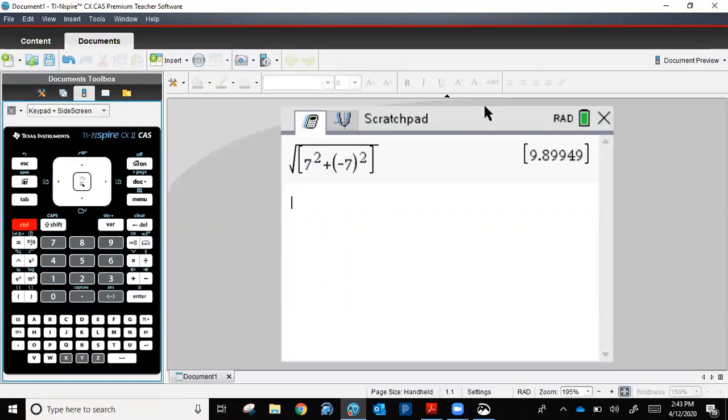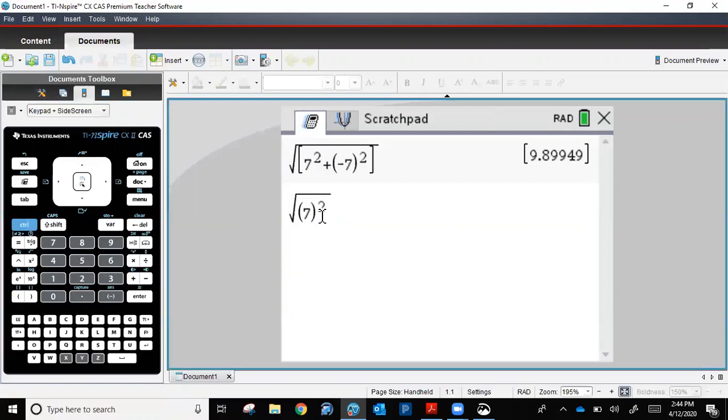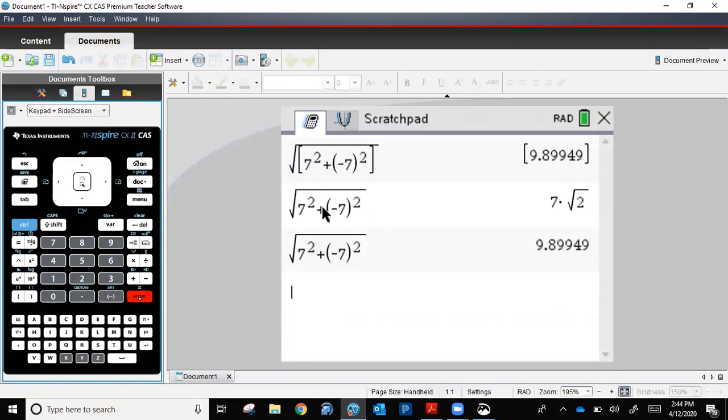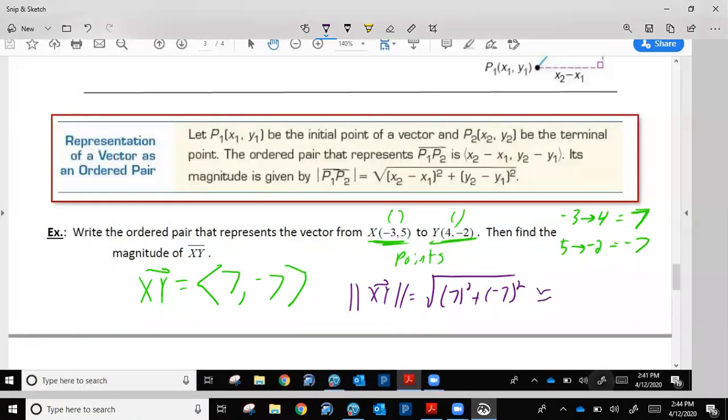Let me do that again. Yep. 9.9-ish. Again, that just means this vector is about 9.9 units long.